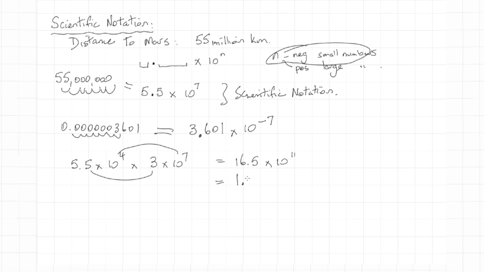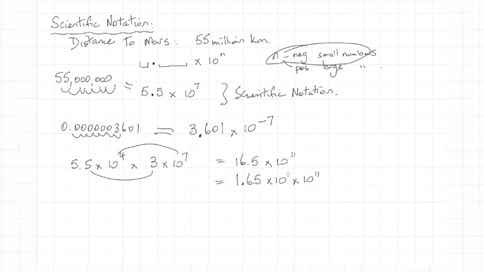So we've got to write 1.65. Now if we multiply by 10, we'll get to that number, because multiplying by 10, you just move the decimal place one spot, so it'll go between the 6 and the 5. We've still got 10 to the power of 11.